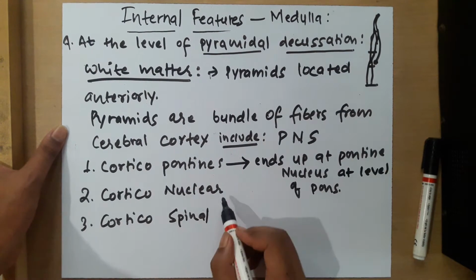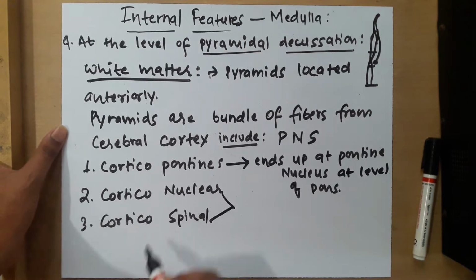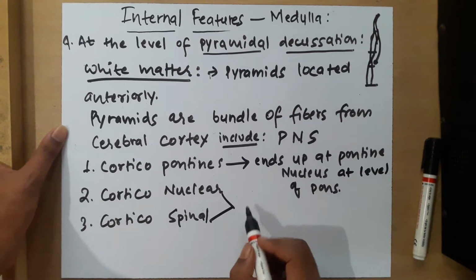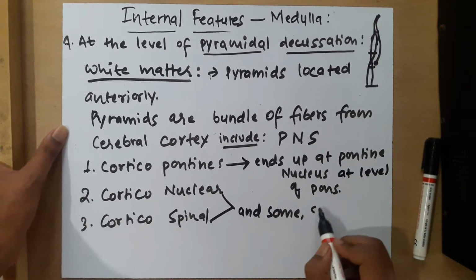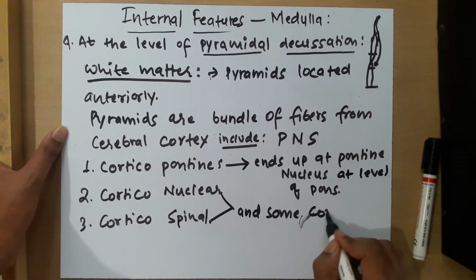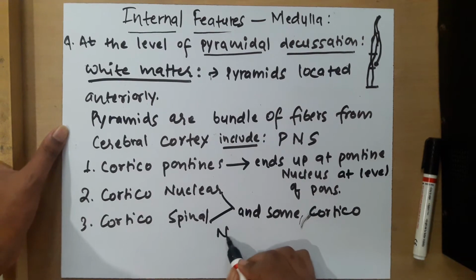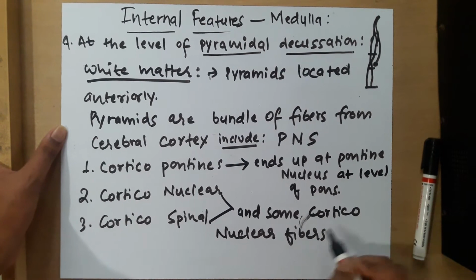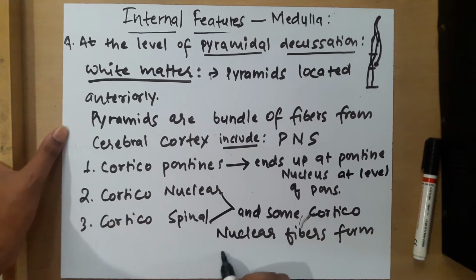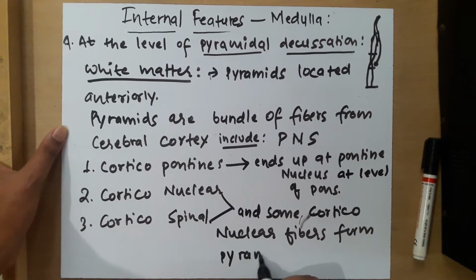So corticospinal and some corticonuclear fibers form pyramids. Okay, I told you about pyramidal decussation.